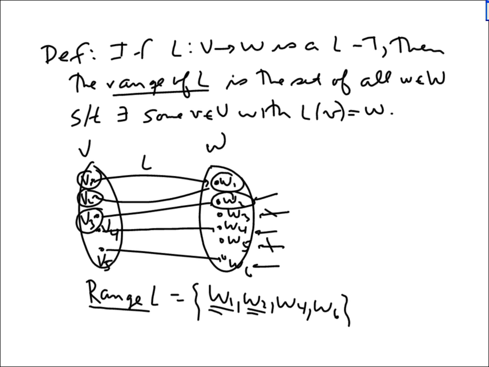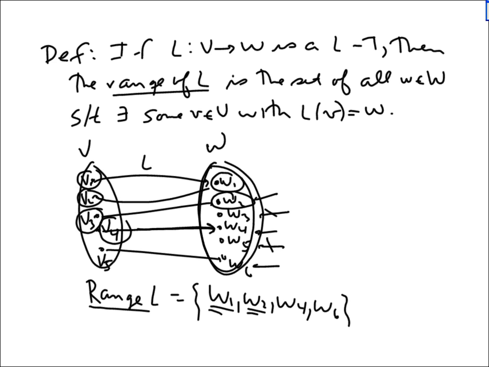We're talking about the range of L. It's the set of vectors in W that have the following property: L of something in V equals those w's. L of V4 equals W4. So W4 is in the range.